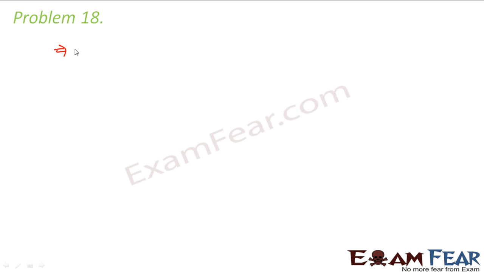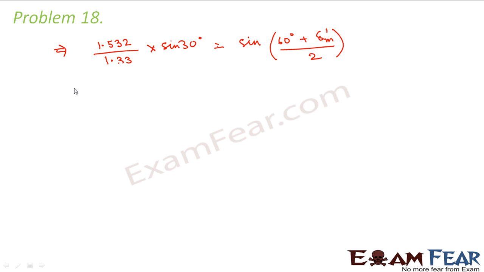So we can solve it in this way. 1.532 divided by 1.33, into sine 30 degrees, is equal to sine of (60 plus delta M dash) divided by 2.